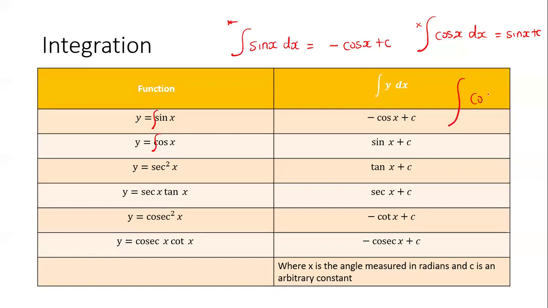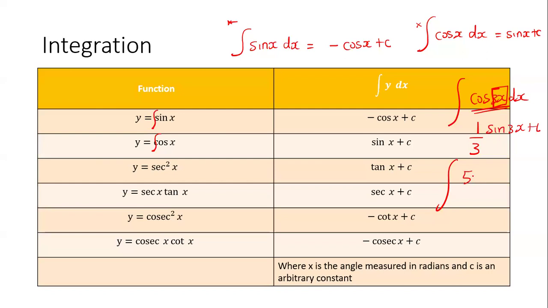In case I have an integral of cos 3x dx, what do I do? You look at what you have as your angle and differentiate it. When I differentiate 3x, I'll get 3. I say 1 out of that answer. Then I look at what I'm dealing with, cos. When you integrate cos, what do you get? You get sine. So that means I'll get sine of 3x plus a constant.